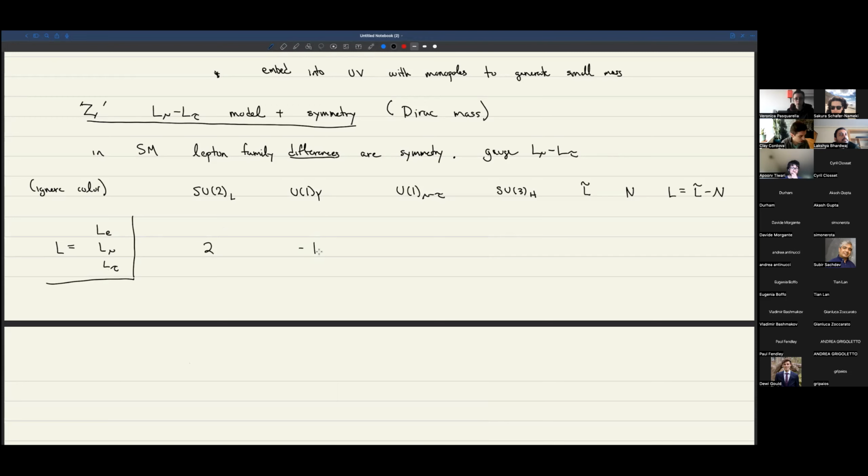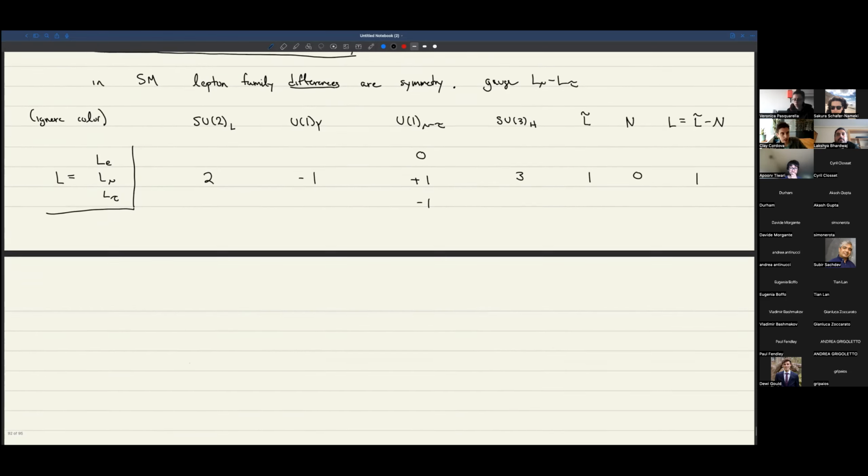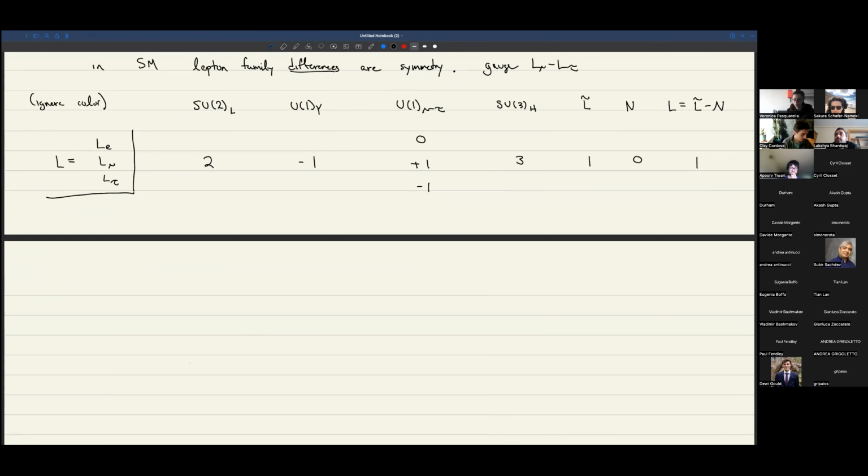I'll use the theorist conventions where they're charged -1 under U1Y, and then their charges under U1 mu minus tau you just read off by their subscripts. And ultimately, we'll put these in a fundamental of SU3H. I'll tell you what these quantum numbers are in a moment, but maybe some in the audience can already guess. So that's one field.